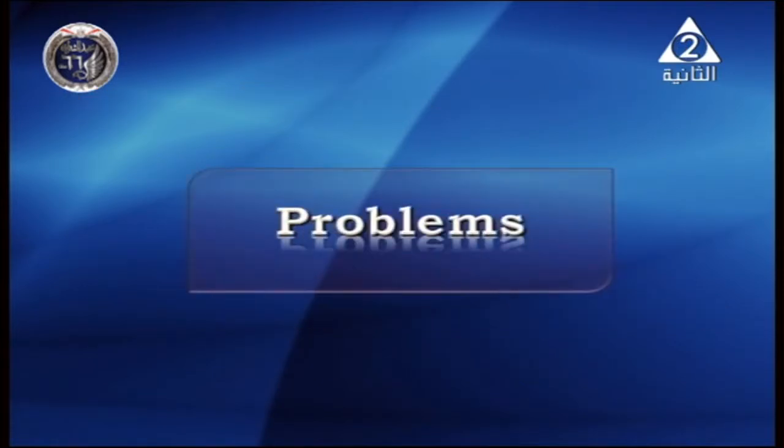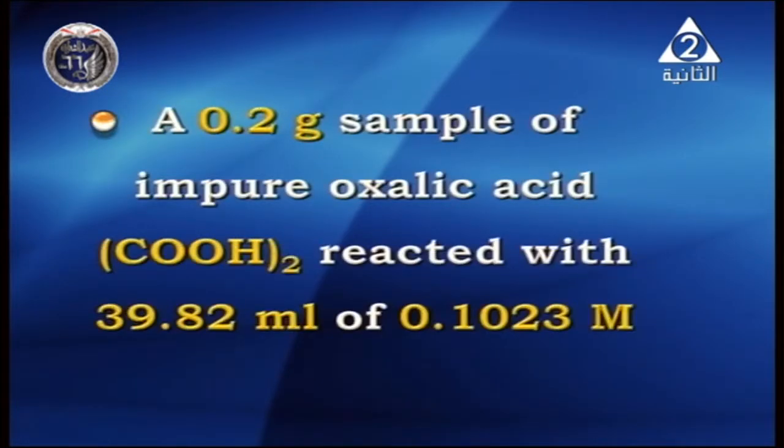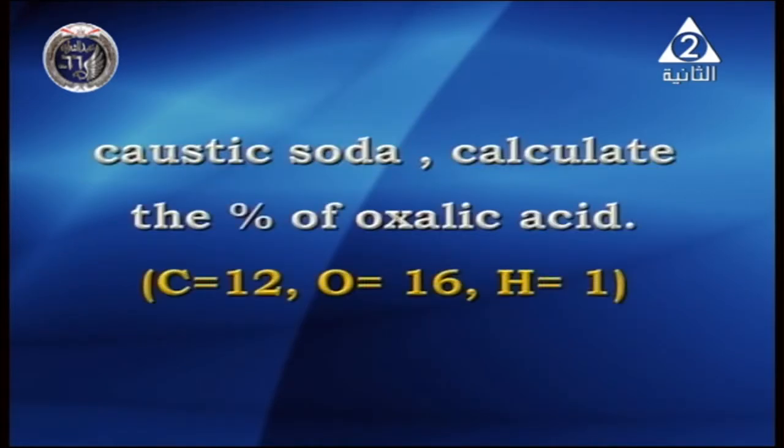Now some problems. A 0.2 gram sample of impure oxalic acid, its chemical formula (COOH)2, reacted with 39.82 milliliter of 0.1023 molar caustic soda.